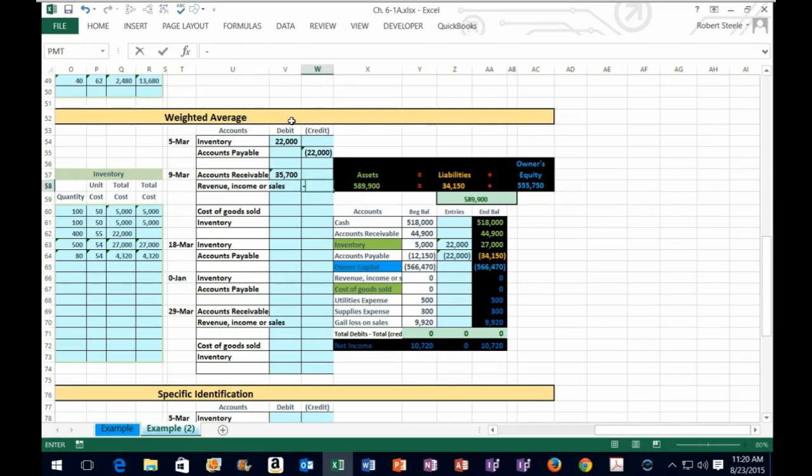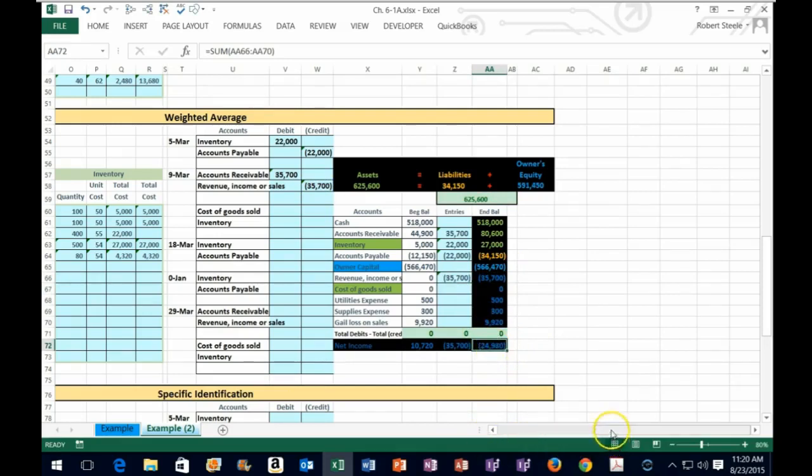We're going to debit that, and we're going to say that we sold it on account. That's the assumption being made. Accounts receivable is going to go up. We're going to put our cursor in Z62 equals that debit, enter. The receivables go up. Now we're going to record the sales. So that's going to be revenue, income, sales down here equals the 35.7. And sales goes up, puts us back in balance, brings net income up in this case.